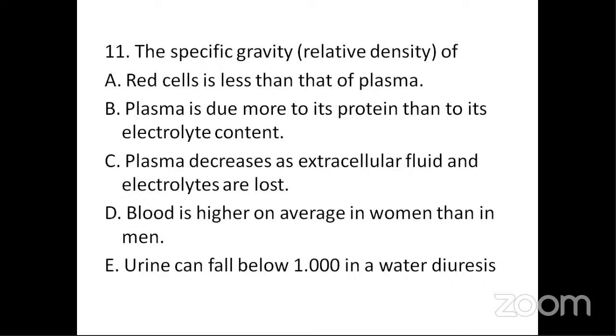Coming to the answers. First option, the specific gravity of red cells is less than that of plasma. It is false because red cells are heavier and hence sediment on standing. So this option is false. Second option, plasma specific gravity is due more to its protein than to its electrolyte content.